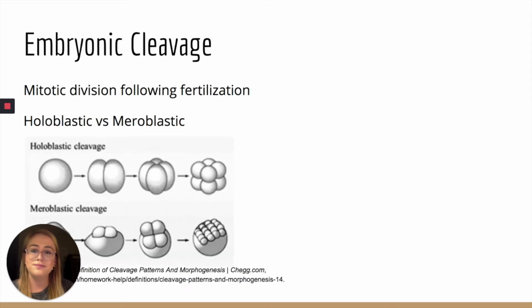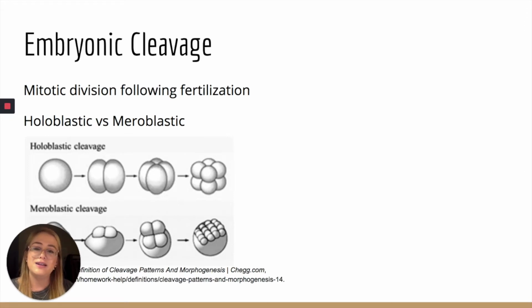Okay. So, after fertilization, as we remember from human embryology, we're going to go into cleavage. And as we may have mentioned before, there's a couple different types of cleavage. The first main category that we talk about is holoblastic versus meriblastic cleavage.